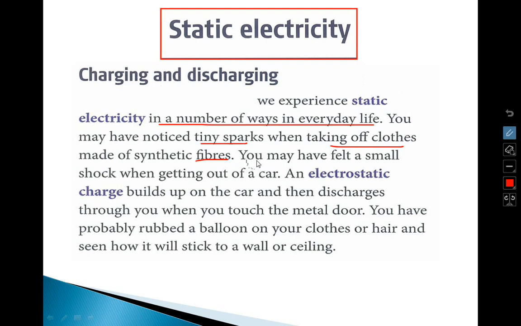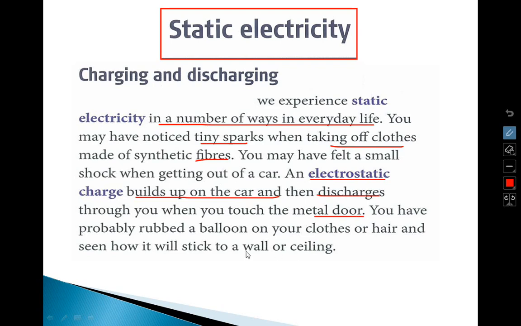Example number 2: you may have felt a small shock when getting out of a car. When you are trying to get out of your car, you feel a shock from the door of the car. This happens because electrostatic charge builds up on the car, and then discharges through your body when you touch the metal door.